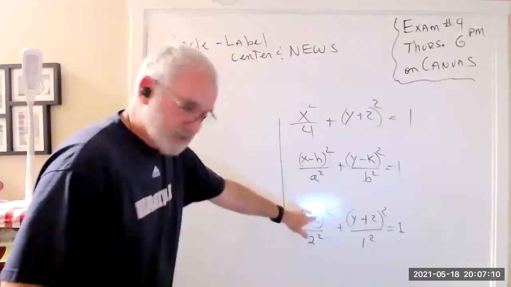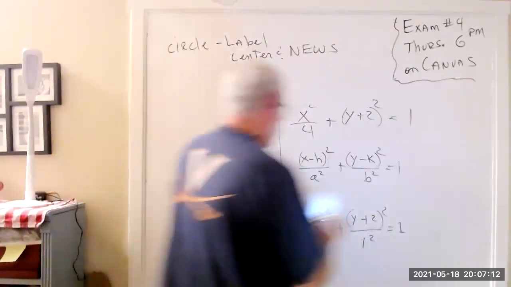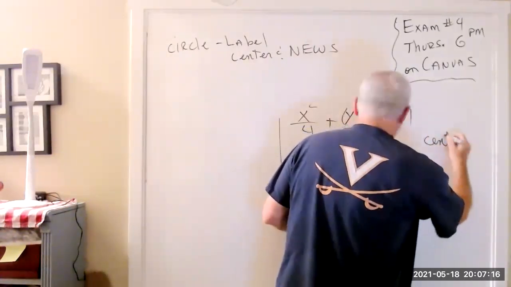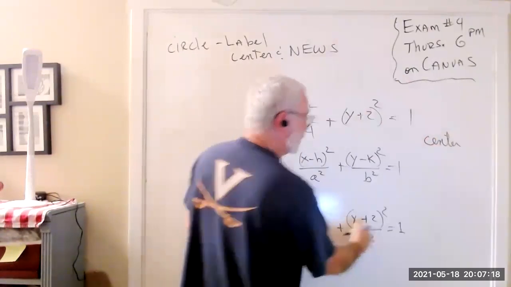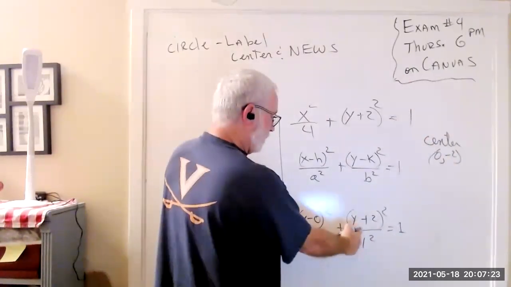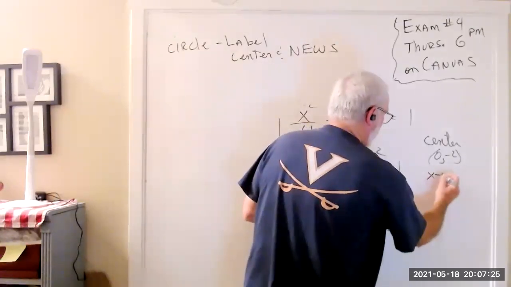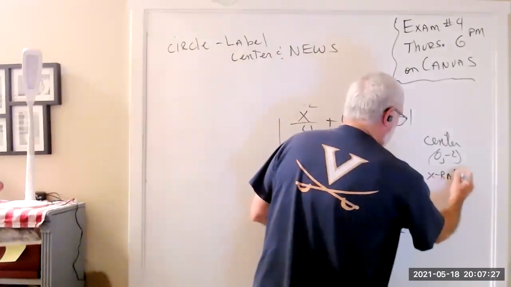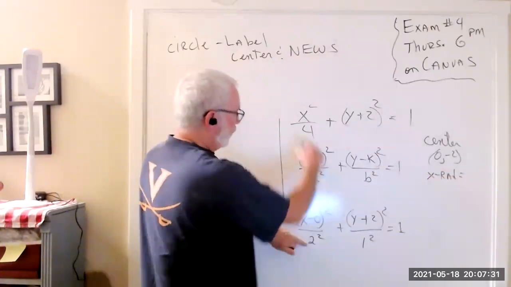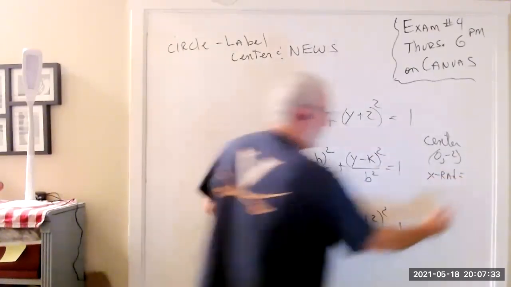We have a center at 0, -2, right here. Our X radius is 2 because it was 4, but we had to write it as 2 squared.